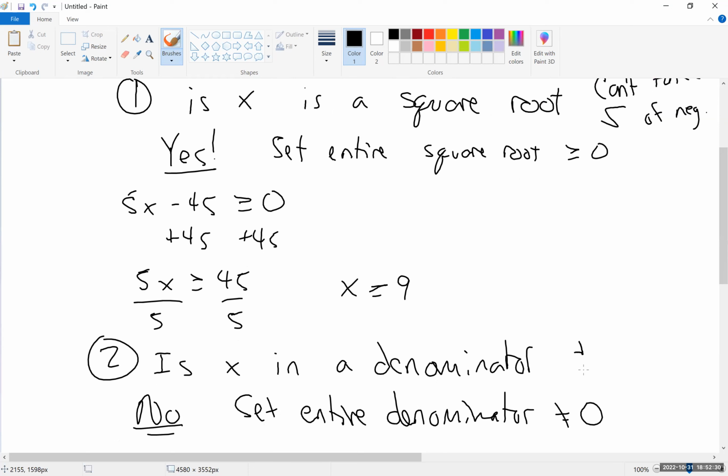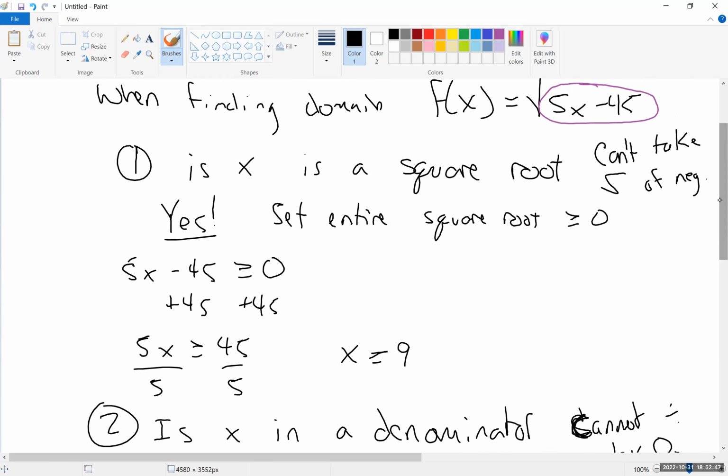Why not? Because you cannot divide by 0. Domain is about finding all the stuff that you can't do and avoiding it. How do you avoid a negative in a square root? X is greater than or equal to 9.